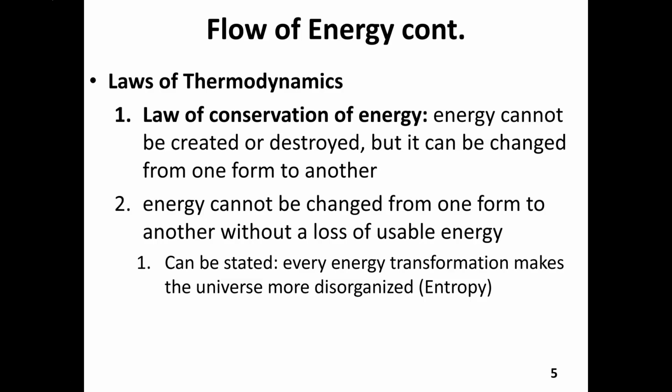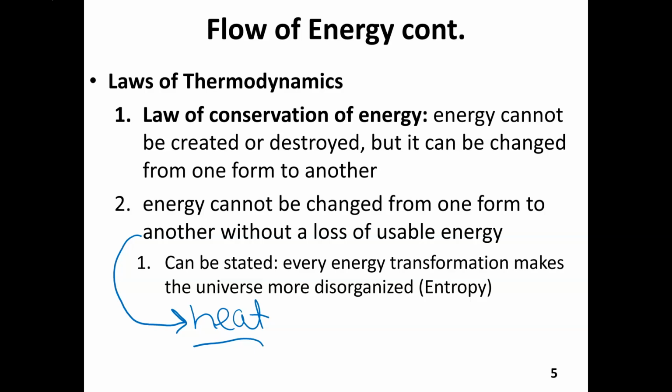The second law states that energy cannot be changed from one form to another without the loss of usable energy. So no matter what, when you convert energy from one form to another, you lose energy. The typical loss of energy is found in the form of heat. Heat is a waste product of energy conversion.